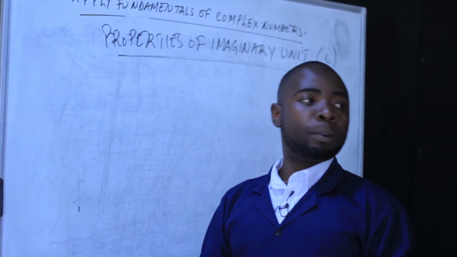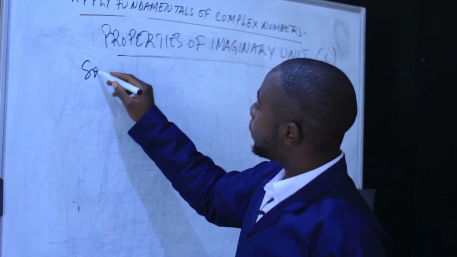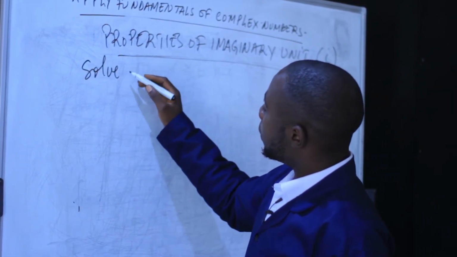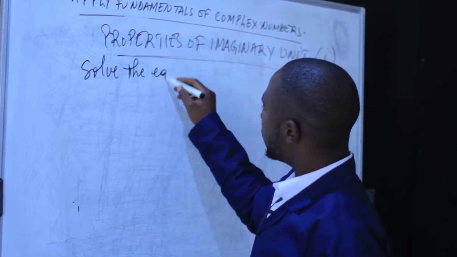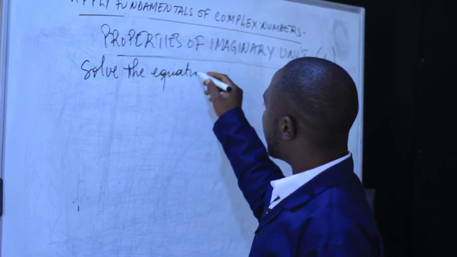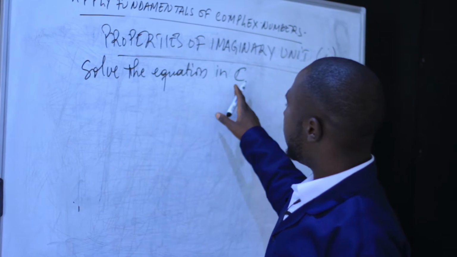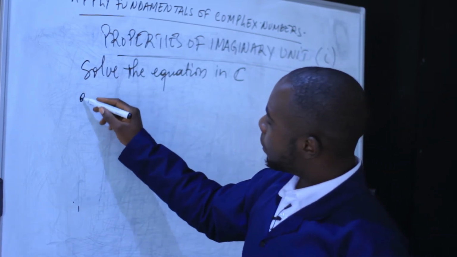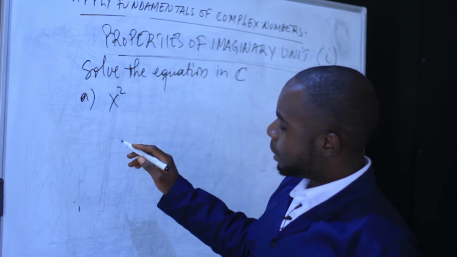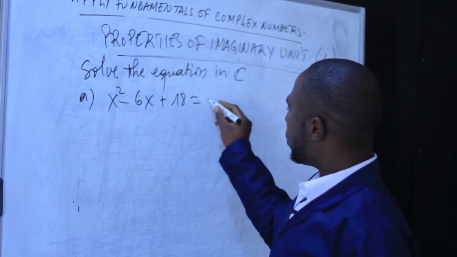Let's have a simple question. Solve in C, we know that C is the set of complex numbers, the equation x square minus 6x plus 18 equals 0.